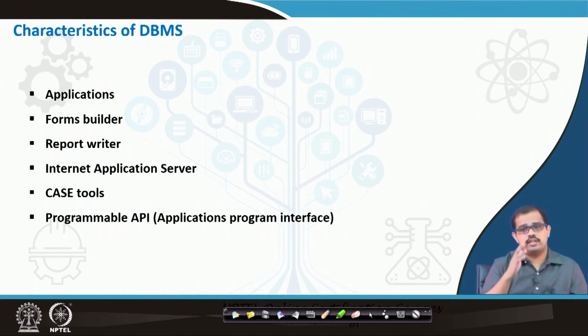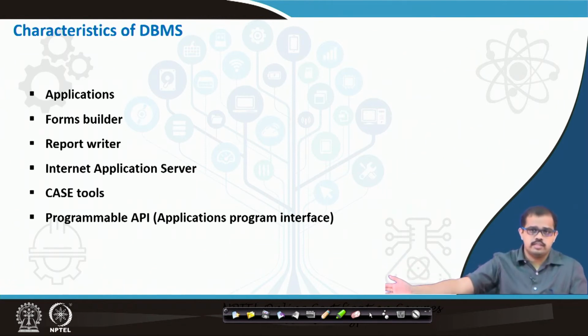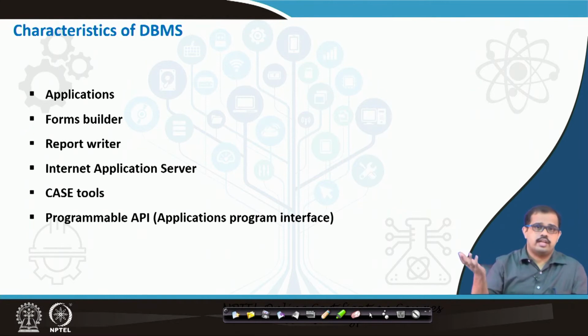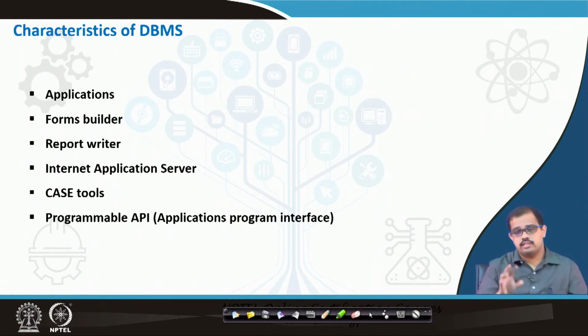For example, if you are looking at census, if you are looking at Aadhaar, or any other portals, it acts as a bridge between the user and that particular portal. Then you have CASE tools, which look at query handling or query processing, etc.